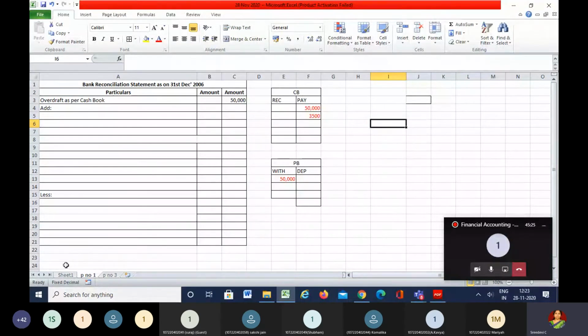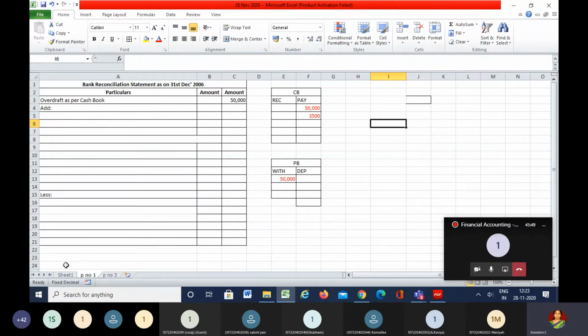So here the first one is 3,500 has been issued, but it was not presented for payment before 31st of December. The second one is Raju has given a check to Vijay, and he has first given a crossed check, that is 1,200 rupees, and the same thing has been returned by Vijay, and in lieu of that, he has taken a bearer check.